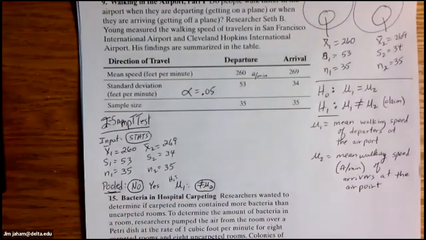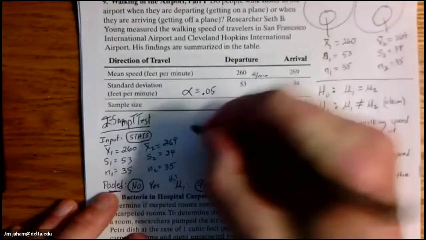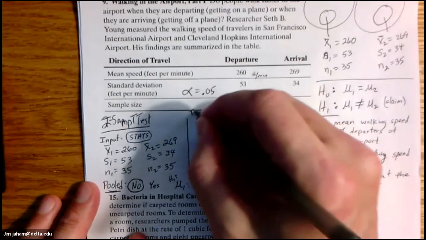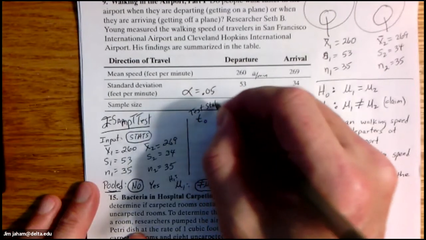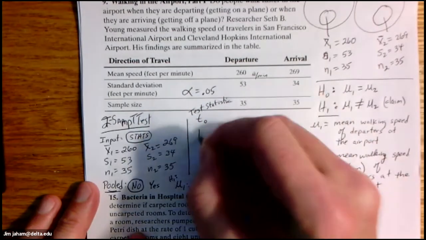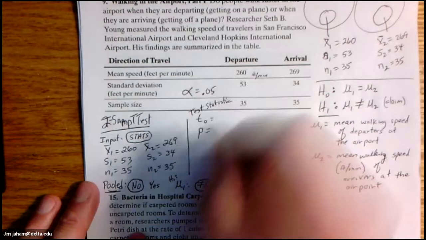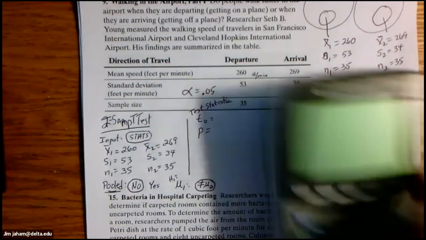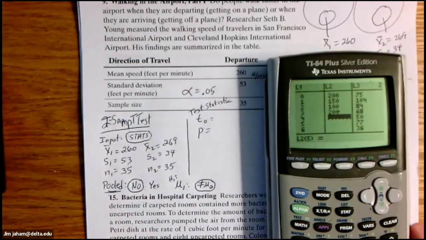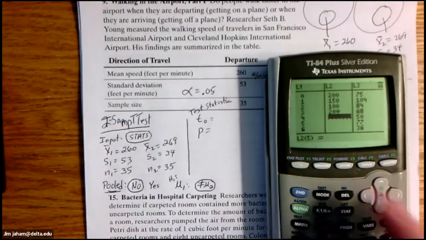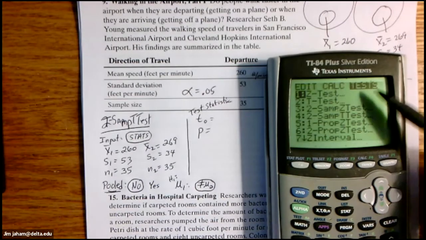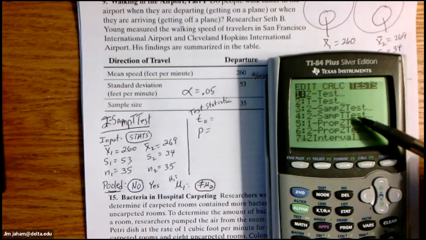And as before, this is going to give us a test statistic and a p-value. And it would look like this. All right, so two sample t-test right there. Option number 4.